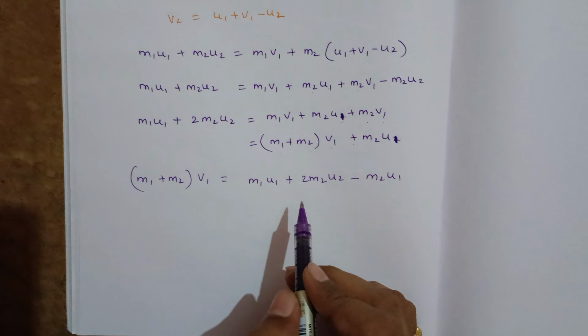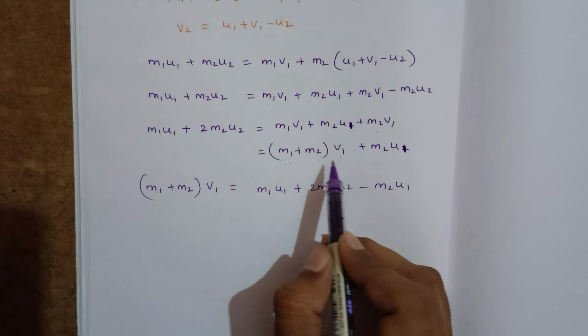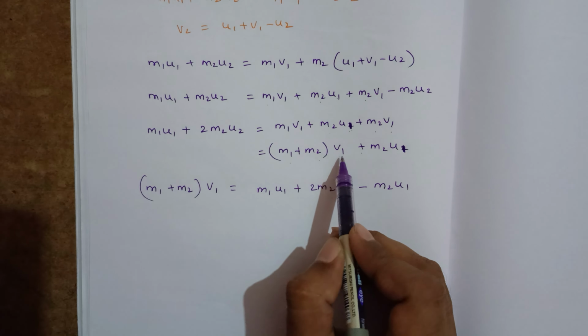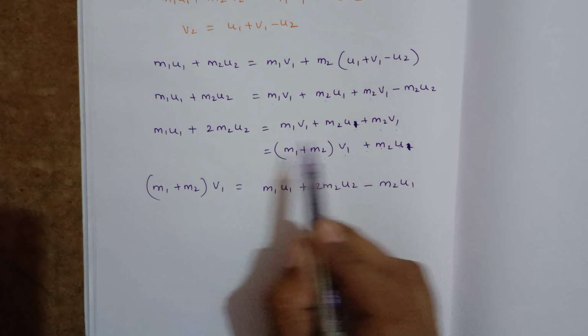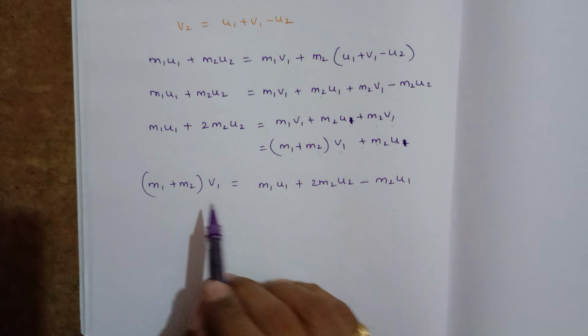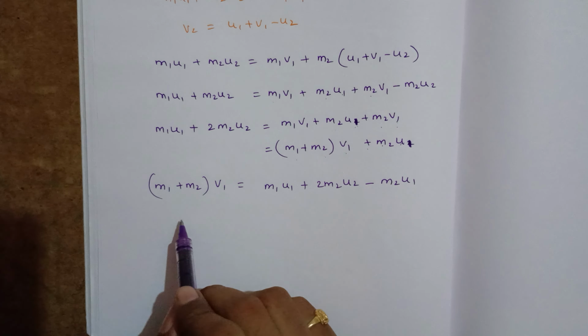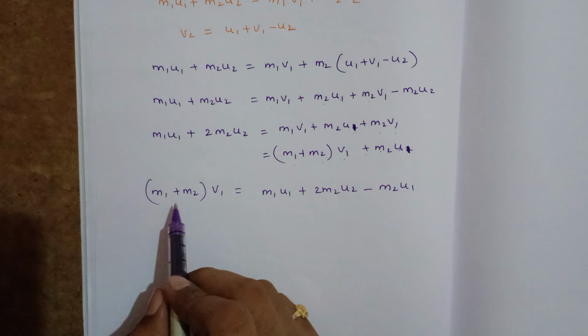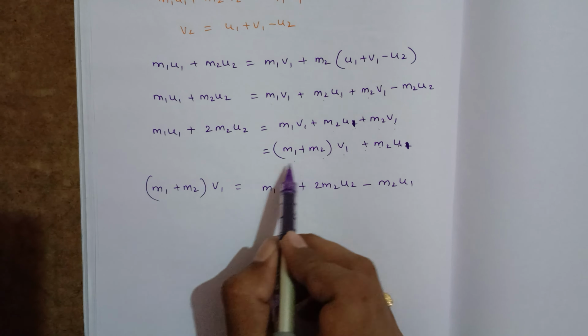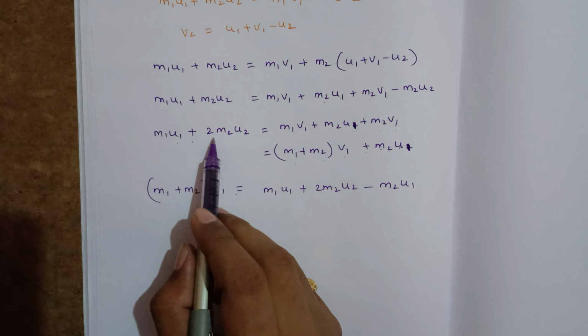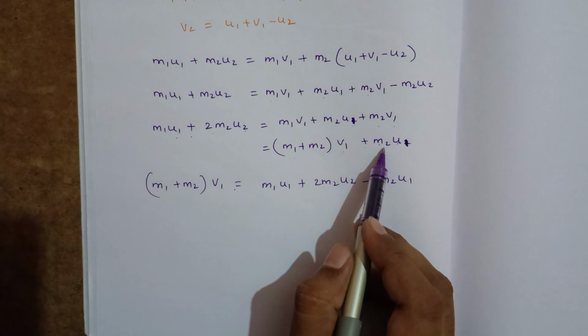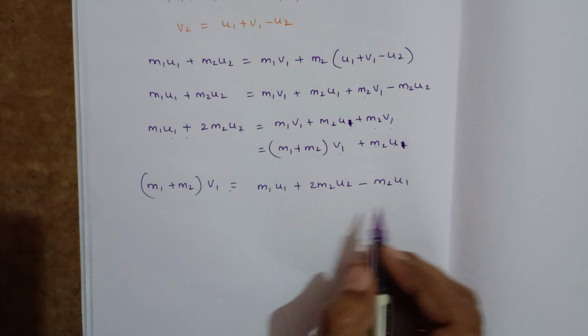Just I shuffled the terms. Once again I can see m1 plus m2 into v1 I kept like this, m2 u1 coming this side becomes minus. So LHS I wrote as LHS, RHS as RHS. Now m1 plus m2 into v1 equal to m1 u1 plus 2m2 u2 minus m2 u1.